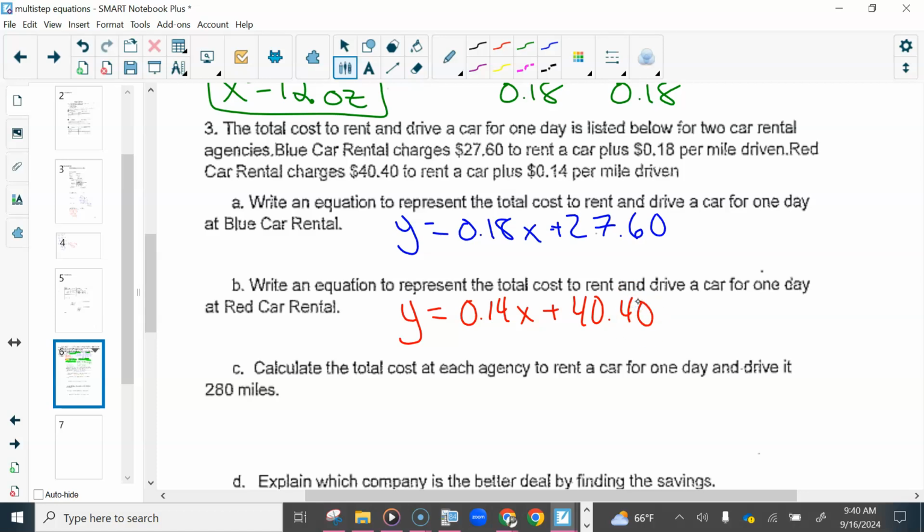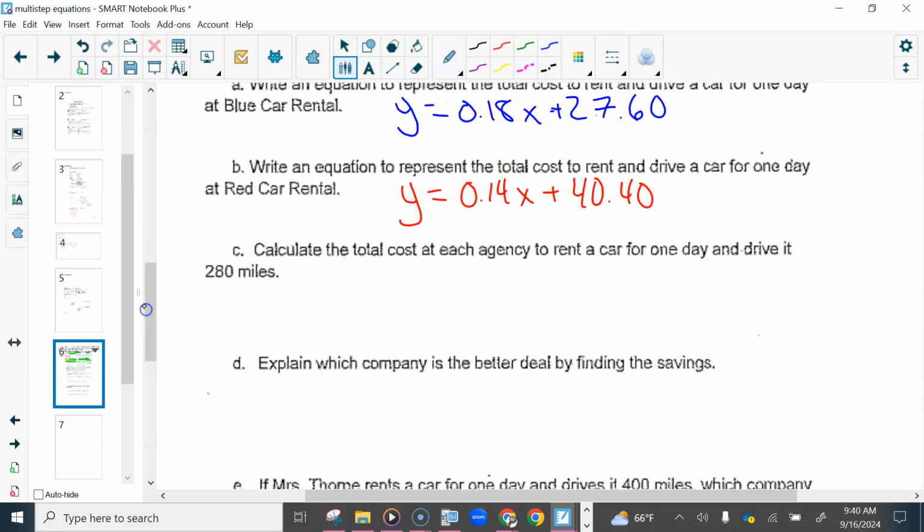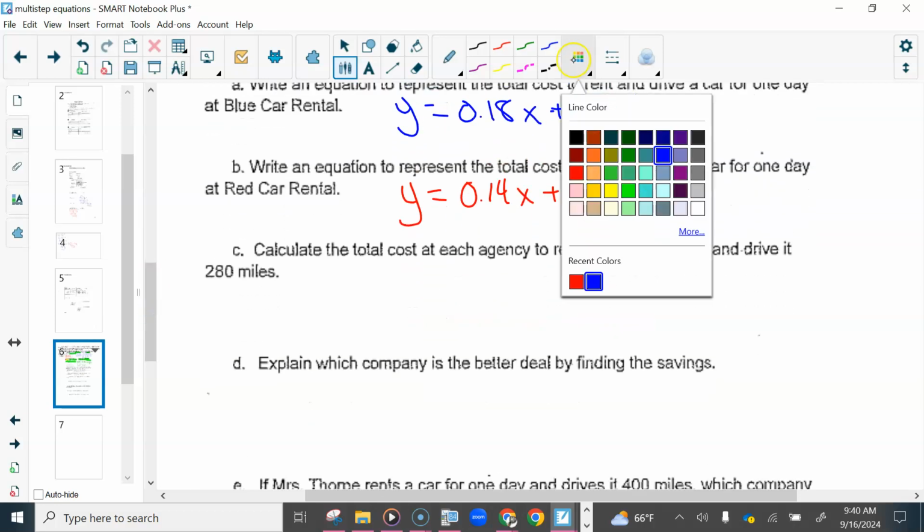In part C, it wants you to calculate the total cost at both agencies to rent the car for 1 day and drive it for an amount of miles. So the slope represents the cost per mile. So the number of miles is going to go in for x, and we're going to find y.